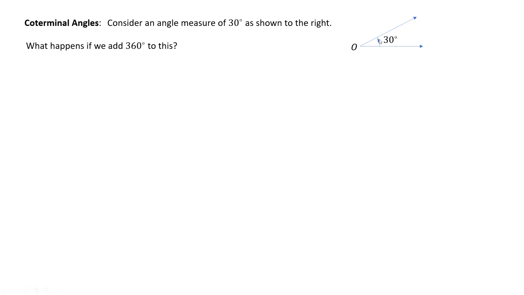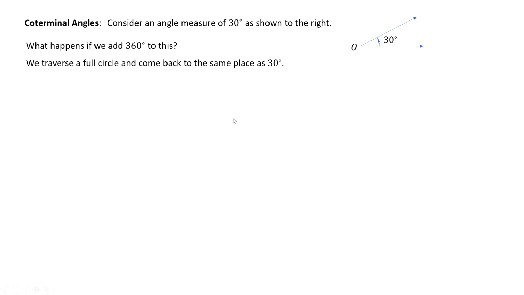So we went 30 degrees. Now we are being asked to go a further 360 degrees. So that means we start here and go a full circle. Well, when we do that, where do we end up? Oh, we end up back in the same place.